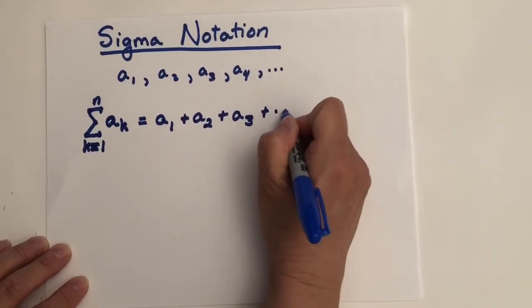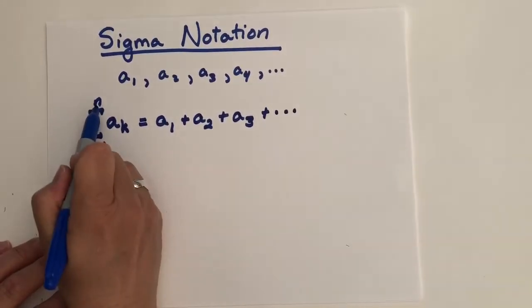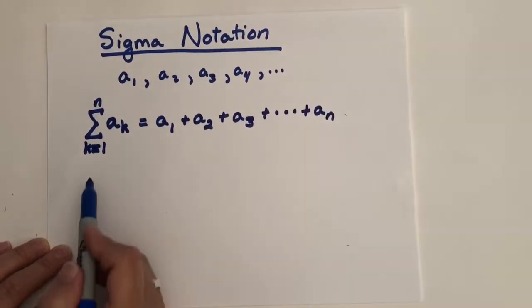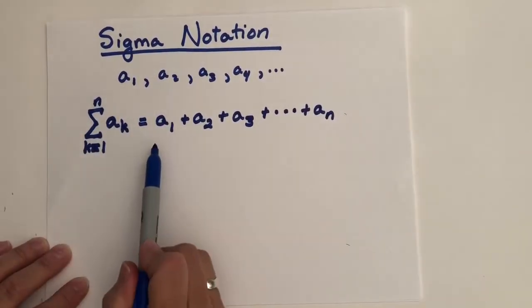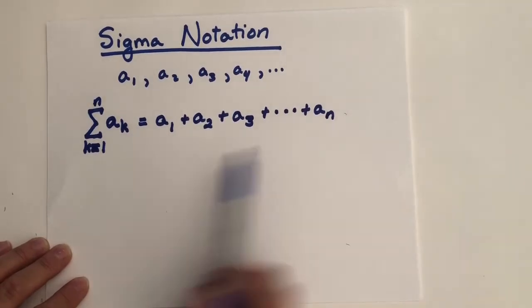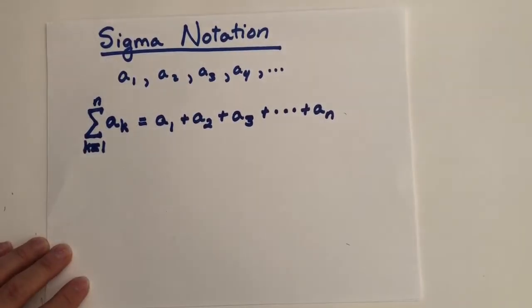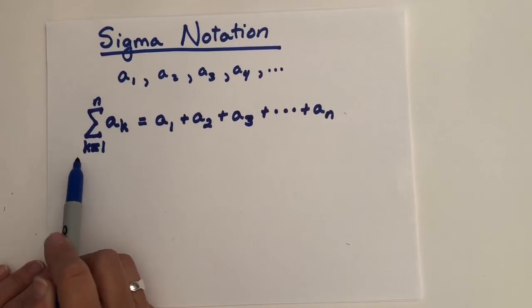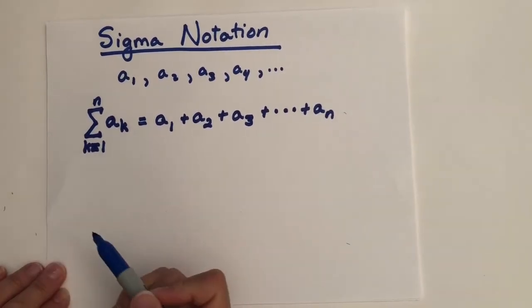And you continue until you get to n. So this summation notation allows us to write this sum in a very compact form. The k that we used here is called the index. Sometimes we use k, sometimes you'll see i or j used for the index.